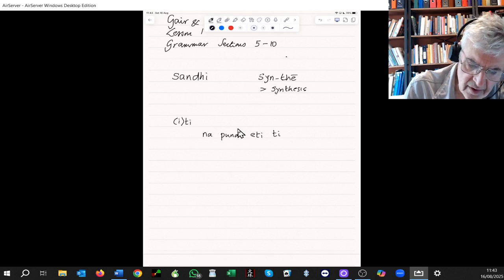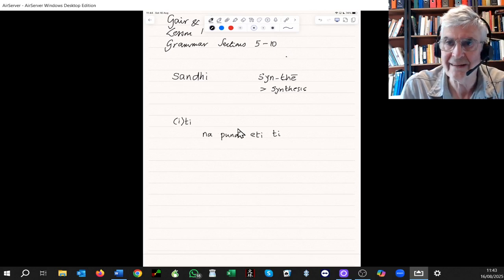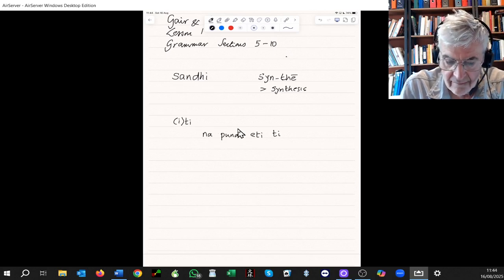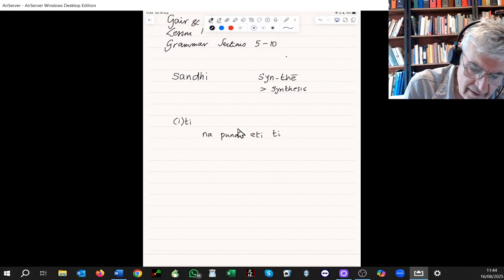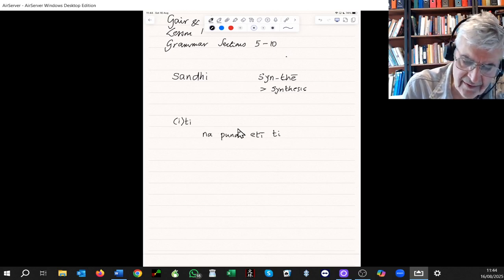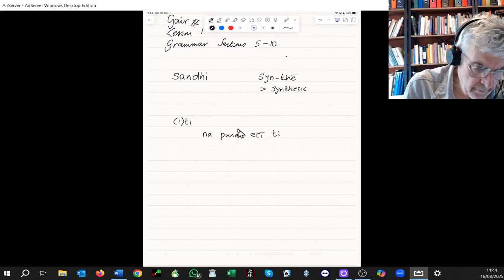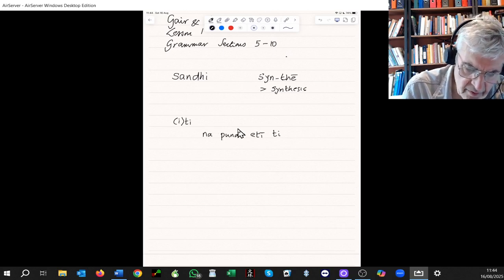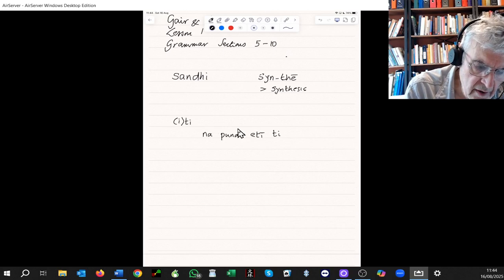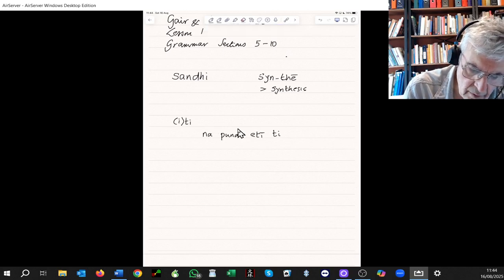What happens then is we get this short vowel, eti, on its own, followed by a separate word ti, and it lengthens, na punare ti ti. Typically, and it does it in this grammar that we're looking at, the lengthened vowel will be marked with a circumflex accent.